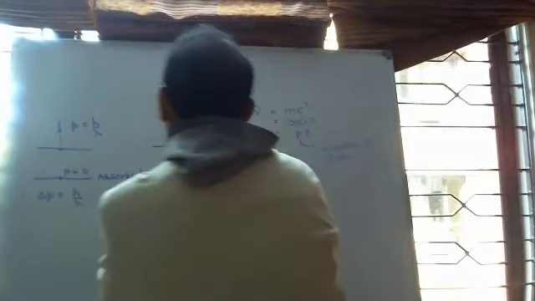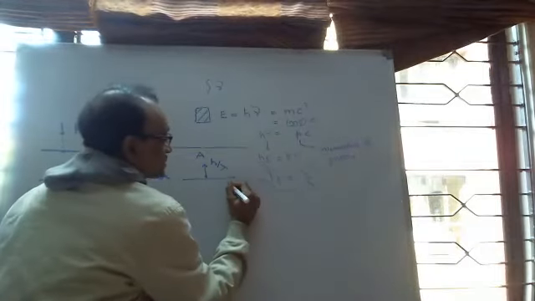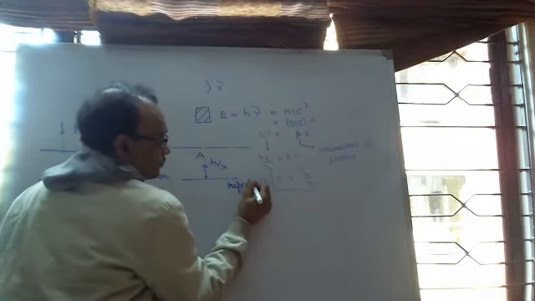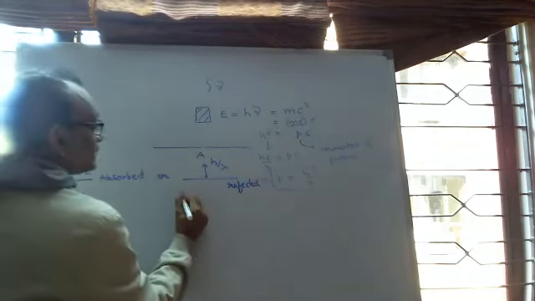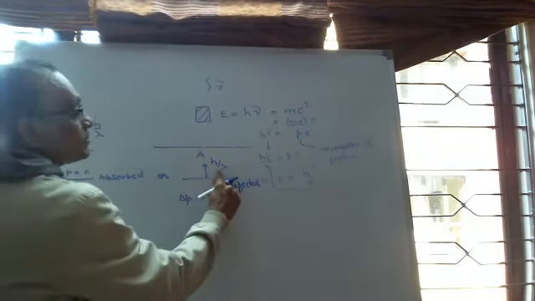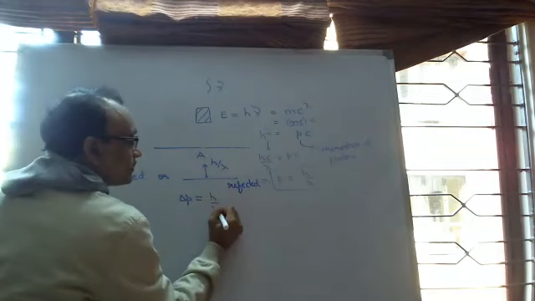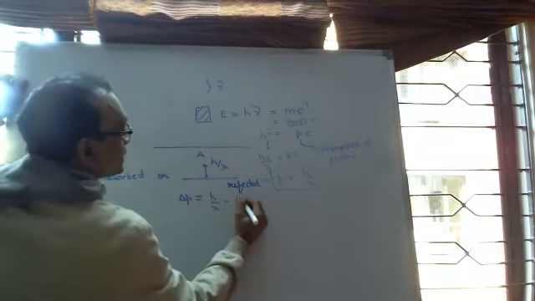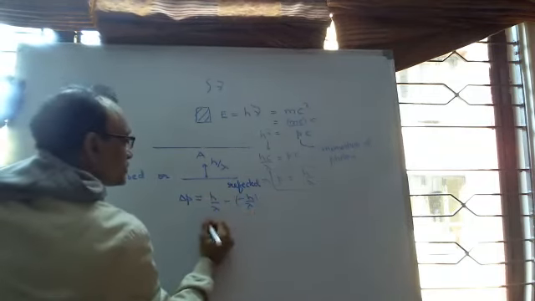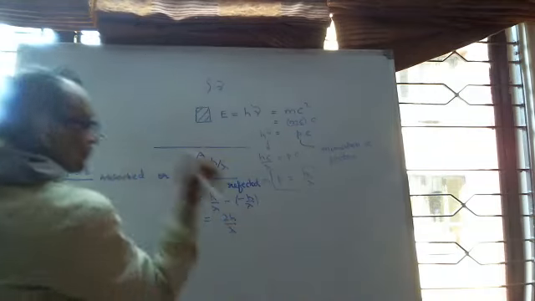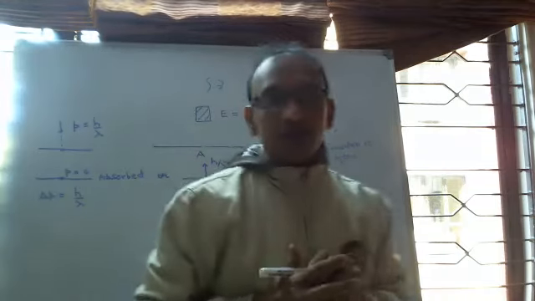In this case, suppose it is reflected, then very clearly there is an upward change in linear momentum. Final upward linear momentum minus initial upward linear momentum is minus h by lambda, which is like 2h by lambda. That's the change in linear momentum of the photon.